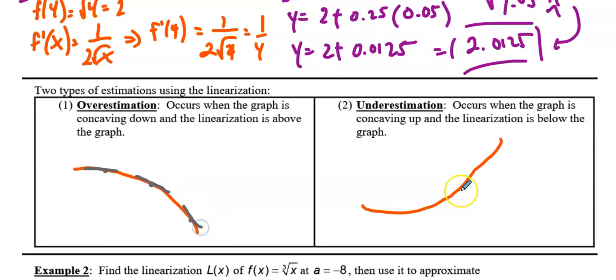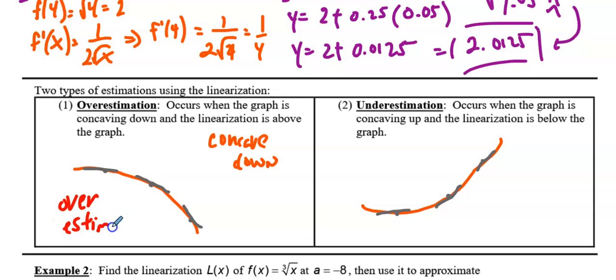So if I'm looking at these two examples here, my lines, if I'm concave down, right? So if I'm concave down, then I know this has to be over, right? This is going to be an overestimate. Because my second derivative, and this is all that you would have to do, is you'd have to find the sign of your second derivative and see what that value is.